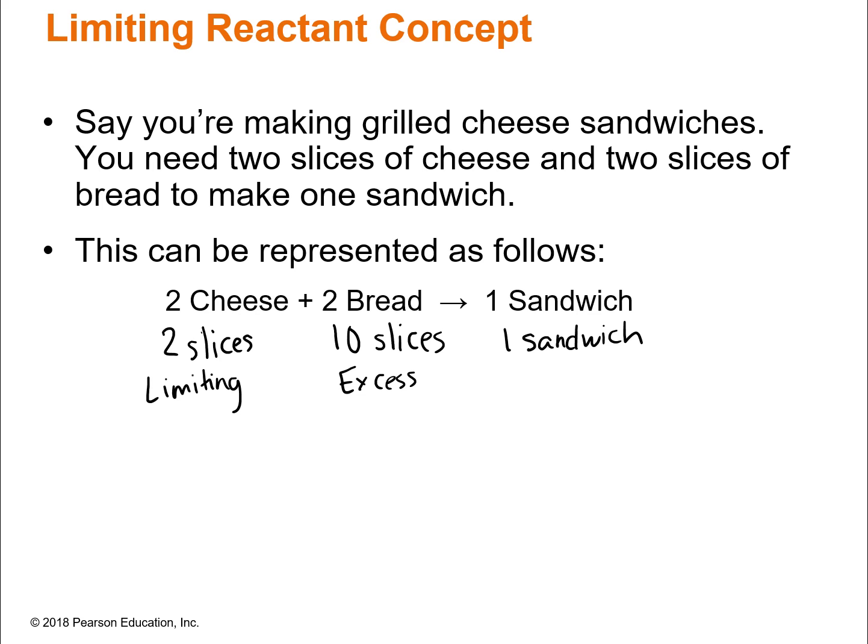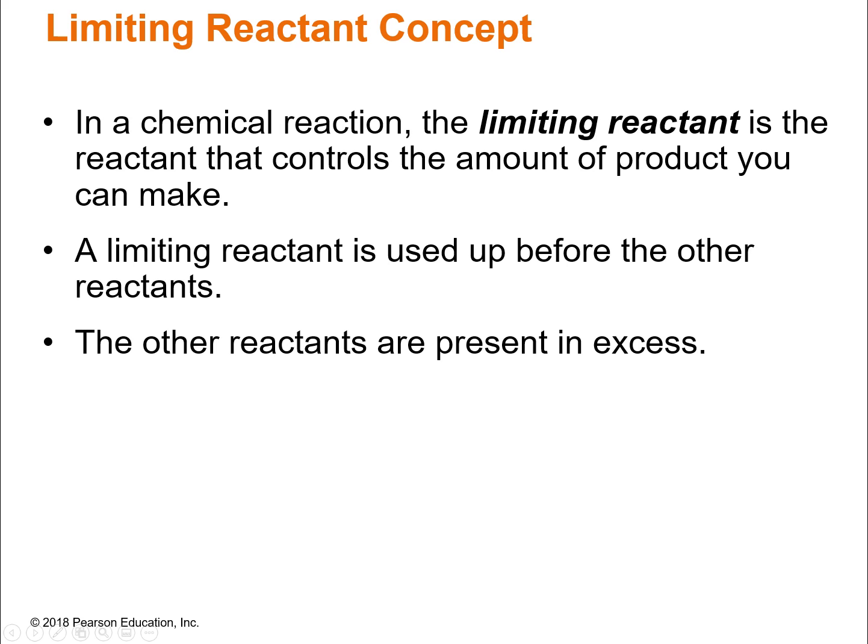It's the same concept with chemicals. Sometimes a chemical might be expensive or hard to make, and you've only got a little bit of it. And you mix it with something else, and you only make a small amount. So the limiting reactant is the one that's used up before everything else. In our example, that was the cheese.